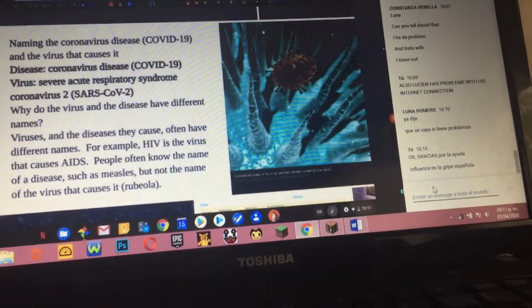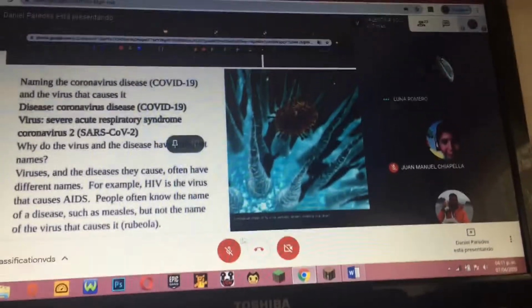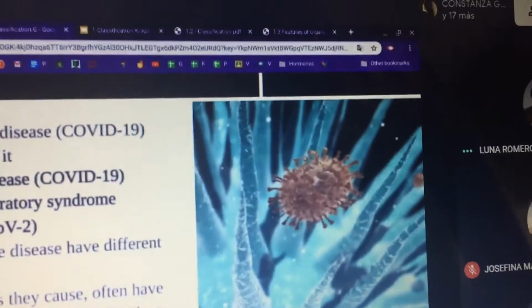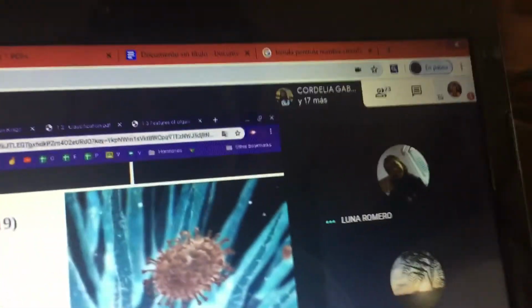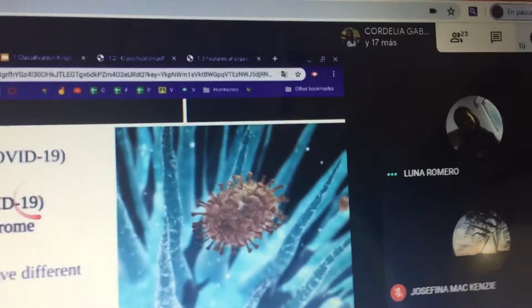Disease. The coronavirus disease 19. COVID-19. And why corona? Corona, because corona is a group, it's a type of virus. And this one in particular is a mutated type. And they think that it's new, that it started in 2019.